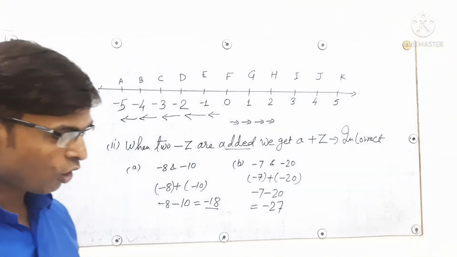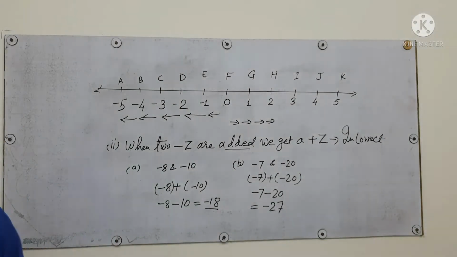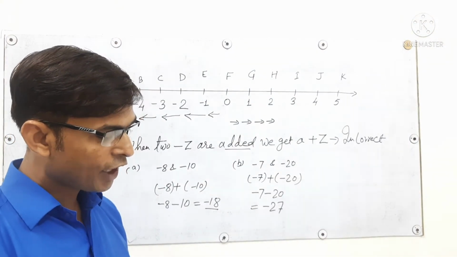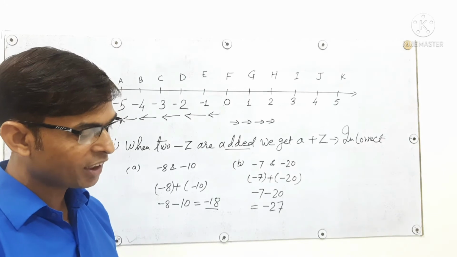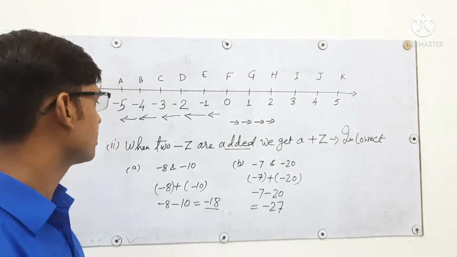Now we will do the third example. The third example given in the book is: when a positive integer and a negative integer are added, we always get a negative integer.